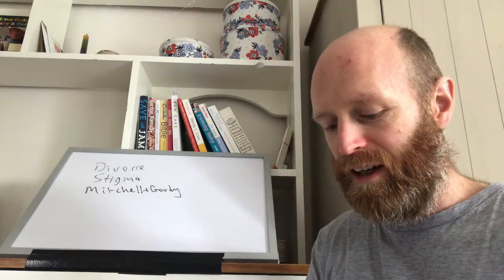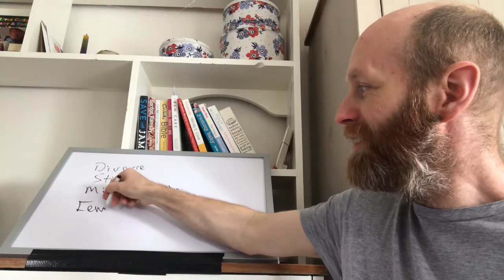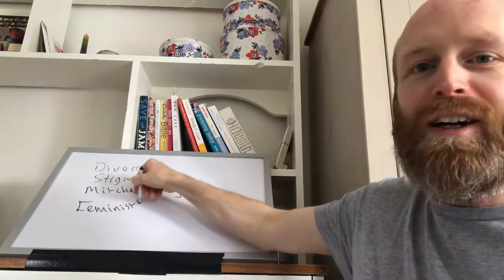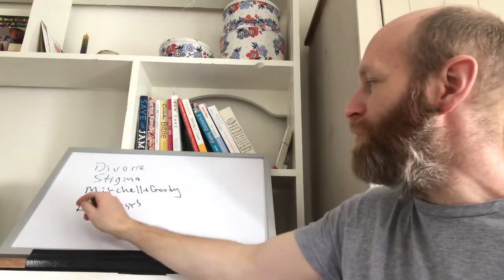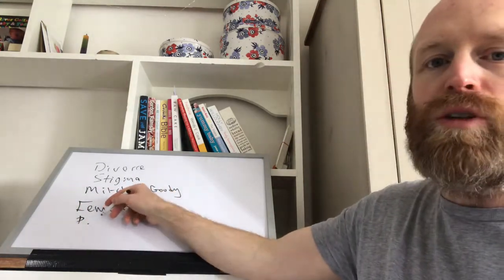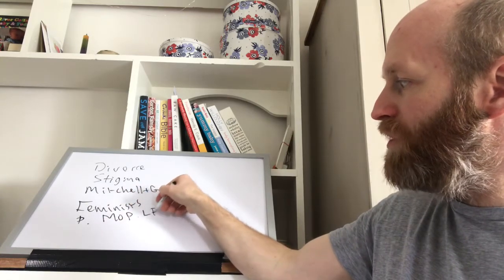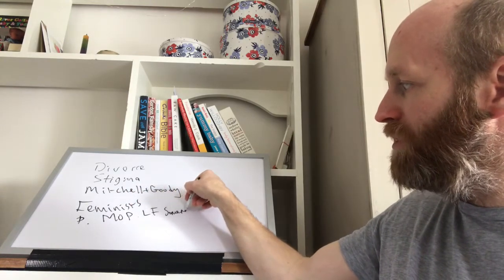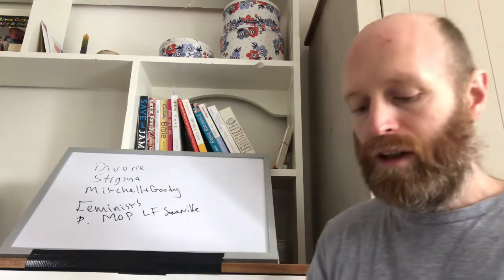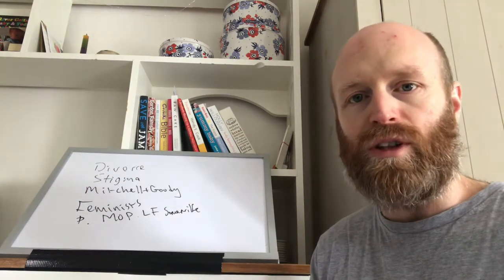I shouldn't touch my face, but there we go. Feminists, I'll wash my hands. We talked about patriarchy. We talked about marriage in terms of a patriarchal institution. We talked about the March of Progress, the liberal feminist view, and we talked about Somerville. And we could talk about the shift in culture, more democratisation.